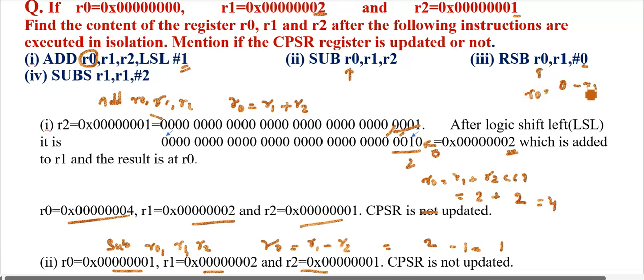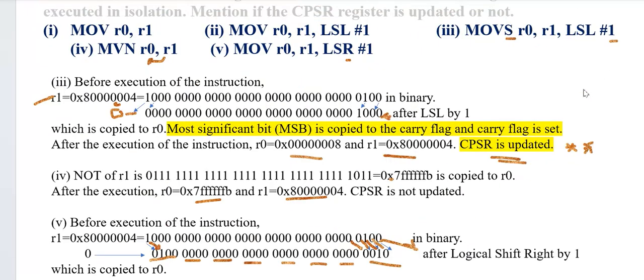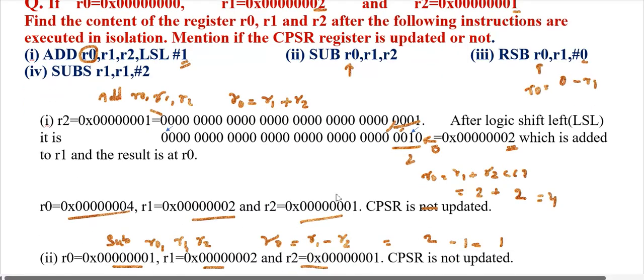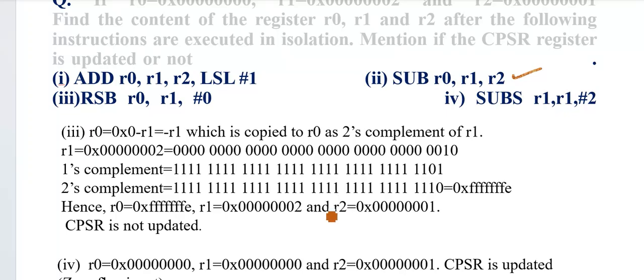So R0 is equal to 0 minus R1, where 0 is the immediate value. We are doing this one now: 0 minus R1 because it is a reverse subtract.